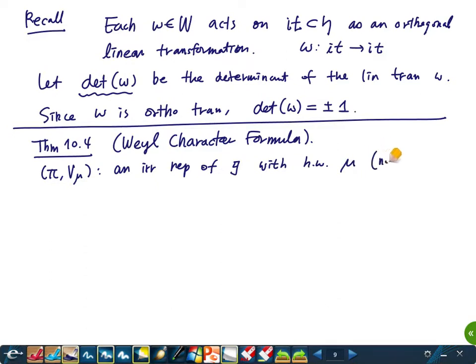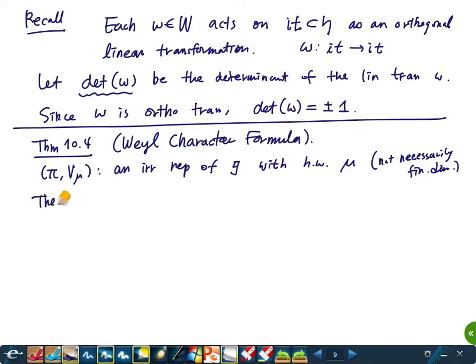Actually, not necessarily finite dimensional, because now we can define the character as a formal sum.